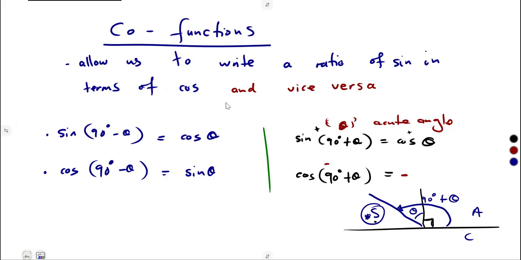But remember the cofunction concept, guys. We are changing cos to sine, sine to cos. Whatever you are going to get here must be a negative answer. So it must be negative sine of theta.